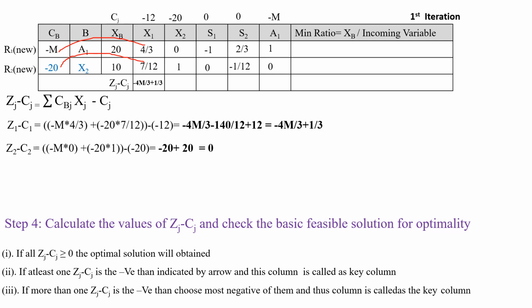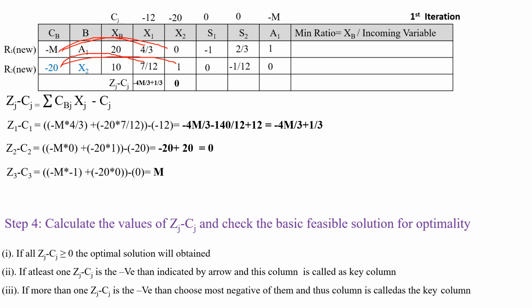Next for the x2 variable, Z2 minus C2 equals minus M into 0 plus minus 20 into 1 minus of minus 20, which is equal to 0.